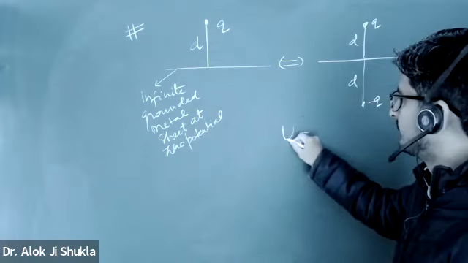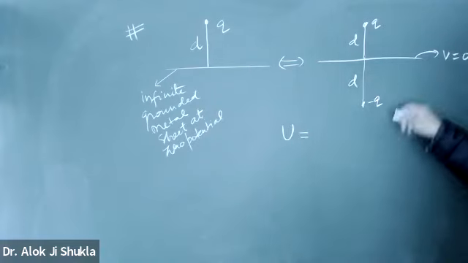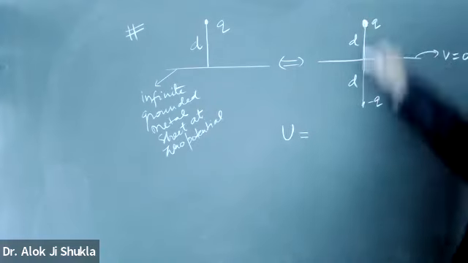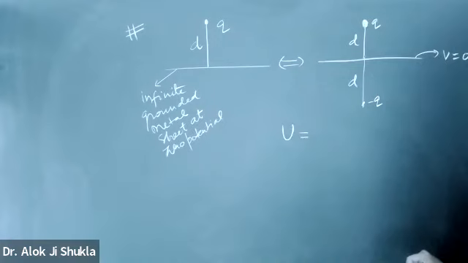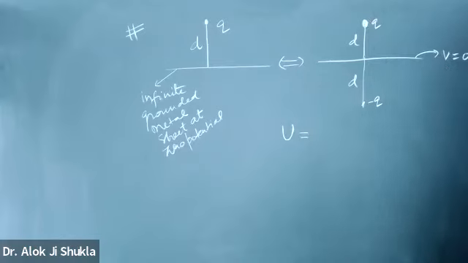see this. Interaction energy, if you want to calculate. Like you wanted to calculate force on this, huh? Force you calculated on this, na? Yes, sir. 1 upon 4 pi epsilon naught Q square upon 4z square.